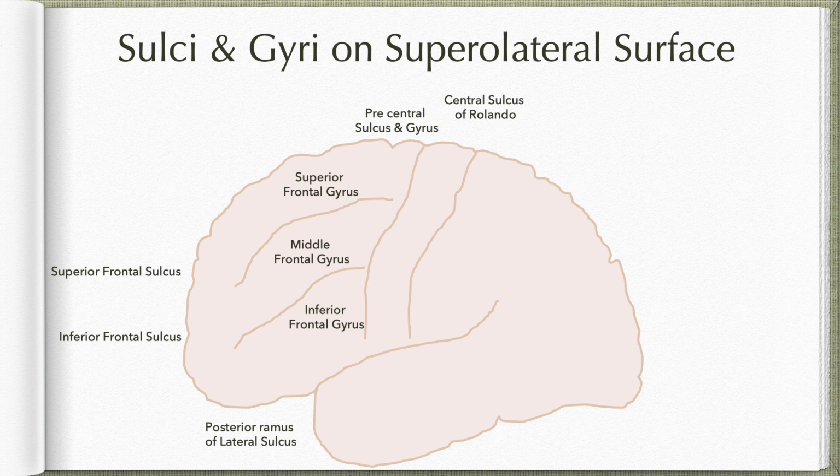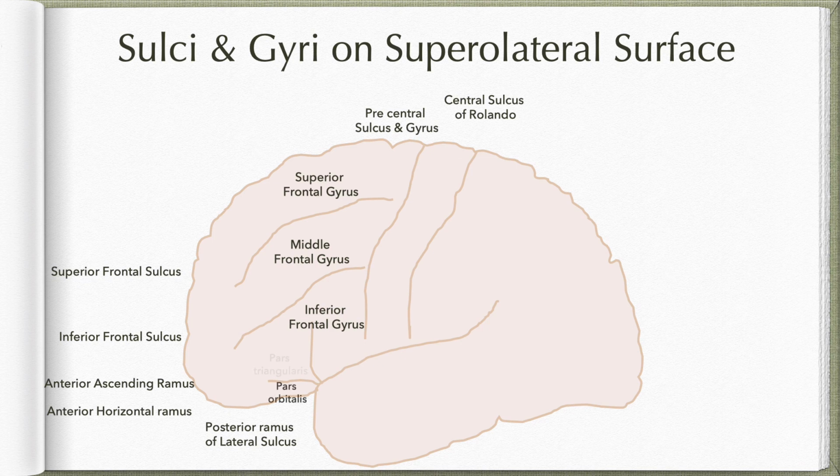Now within the inferior frontal gyrus, we have already seen the posterior ramus of the lateral sulcus. The lateral sulcus has 2 more rami, that is branches. They are the anterior horizontal ramus and the anterior ascending ramus. These 2 rami will also be seen within the inferior frontal gyrus. These 3 rami of the lateral sulcus divide this area into 3 parts.